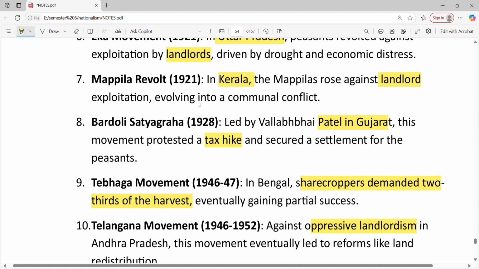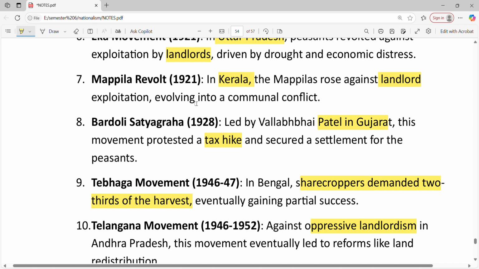Okay. The new land laws enacted by the British government in the 19th century gave landlords, the majority of whom were upper-caste Hindus, the sole legal ownership of this land.